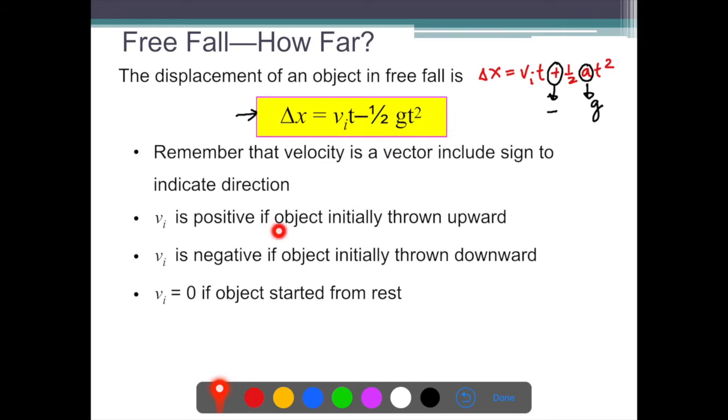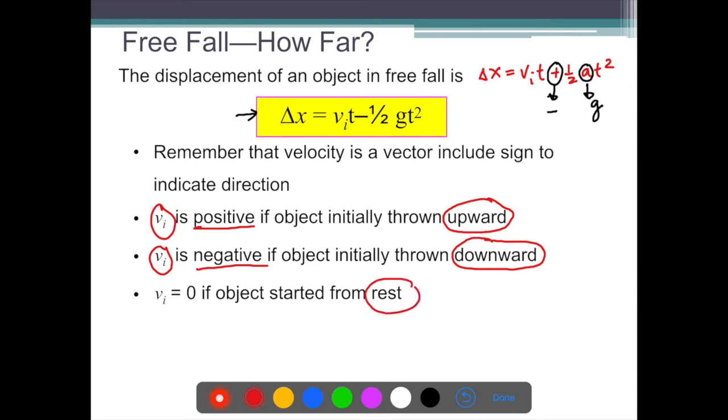If the object is initially thrown upwards, then you need to use a positive sign for the initial velocity. And if the object is initially thrown downwards, then your initial velocity should have a negative sign. Of course, if the object starts from rest, then the initial velocity is equal to 0.